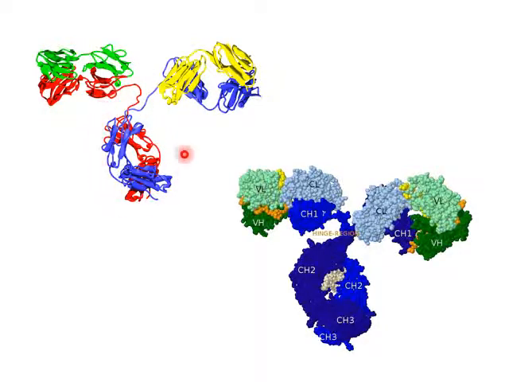This is the common area, and then we have our variable areas here at the end. These are where the antigens bind. This is more of a space-filling molecule with individual amino acids being represented by each little dot. And as you can see, these are huge molecules.